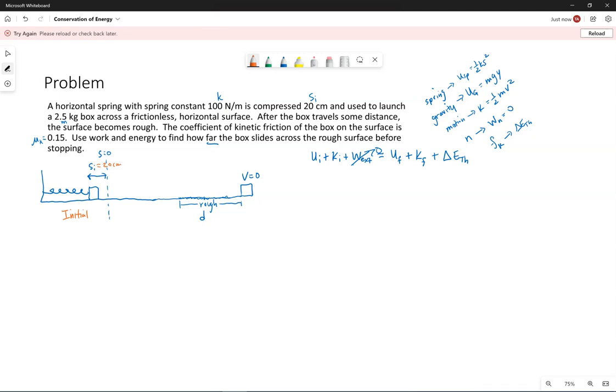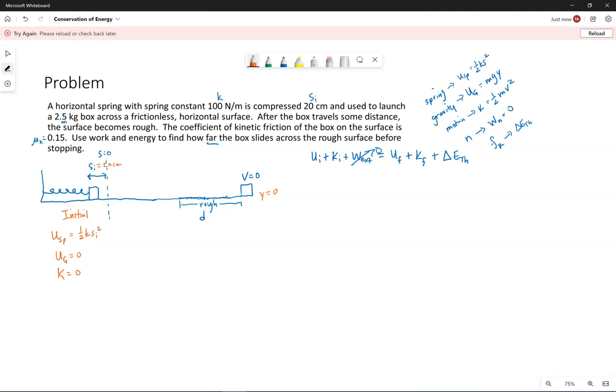At this moment, the spring is compressed, so the spring mass system will have energy because the spring is going to push on the mass. Gravitational potential energy, we can just call zero. We can say this lowest point where the whole problem takes place is y equals 0. Kinetic energy initially is going to be 0 because we're talking that split second we release the mass, it's not yet moving at that instant.